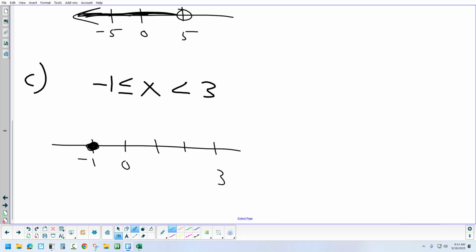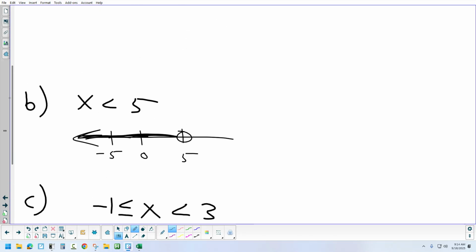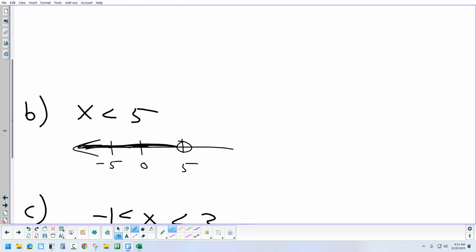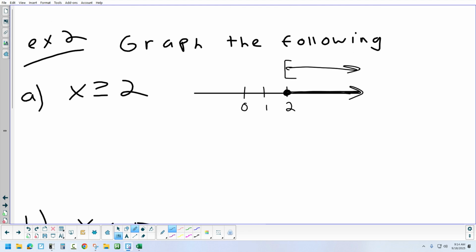And an open circle on 3. And shade in between. Perfect, and shade in between. And what kind of interval is that one again? Half open. Half open, bounded. Yep. This one was unbounded, and part A was also unbounded.